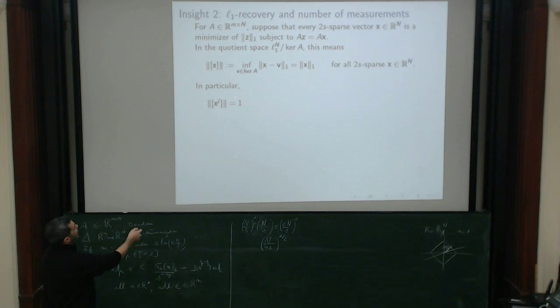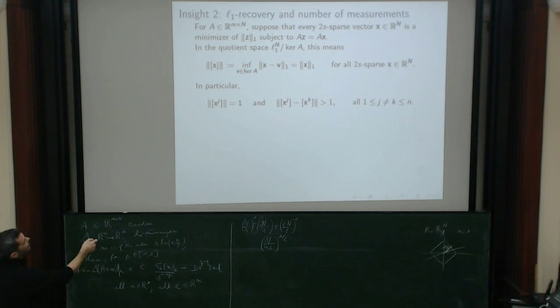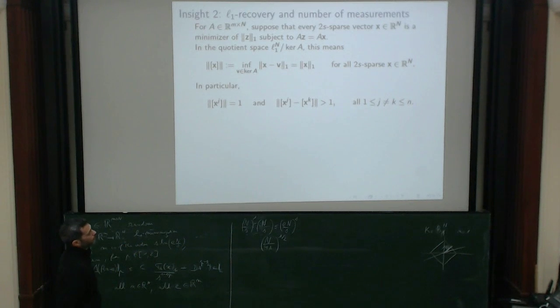In particular, Xj was s-sparse and 2s-sparse. So in the quotient space, it has norm 1. And the norm of the difference Xi minus Xj, or their classes, is larger than 1 because the L1 norm of the difference was larger than 1.